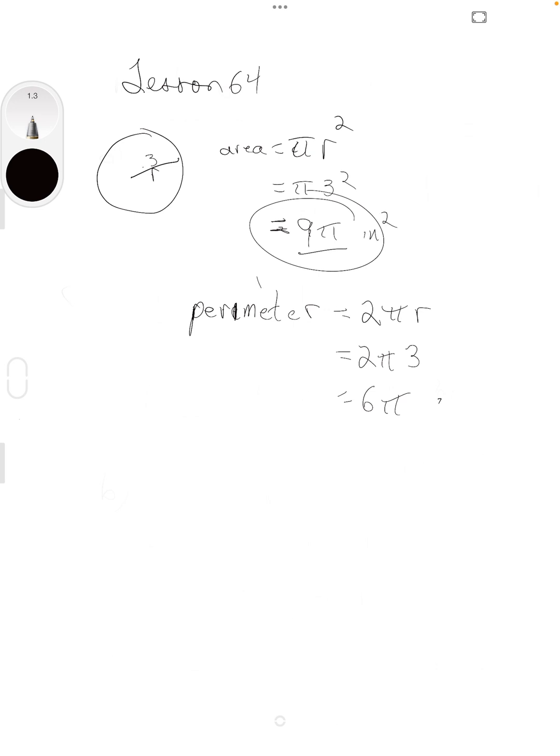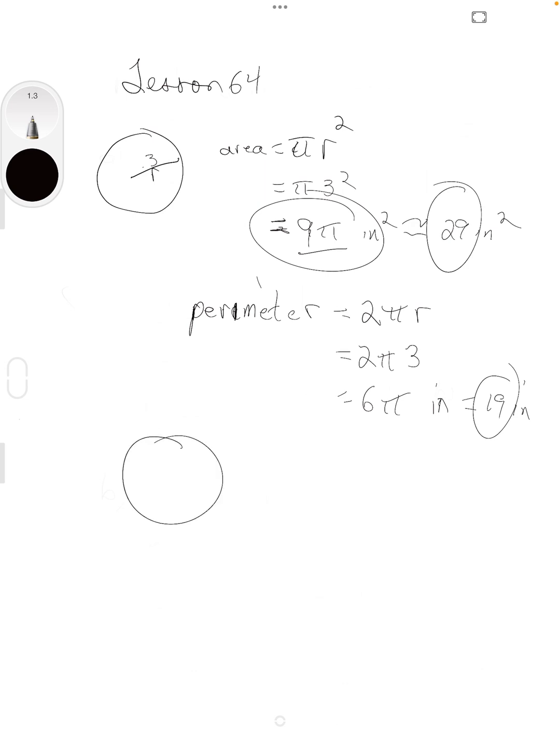If this was in inches, this would be 6 pi inches, around 19 inches long. Do that with a calculator to get these numbers. Don't do it in your head like I just did. So that's basically it, a reminder of what it is.